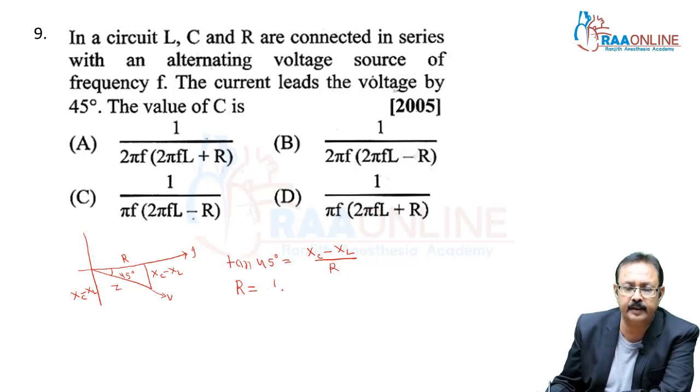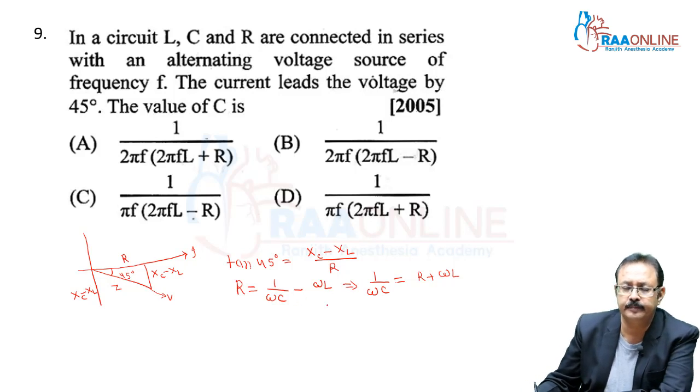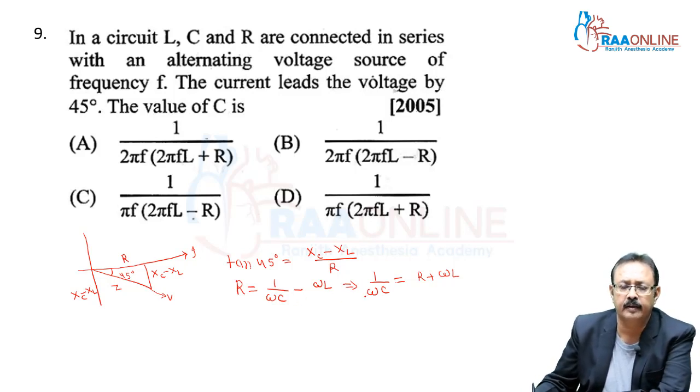What is XC? 1 upon omega C. XL is omega L. It means 1 upon omega C is equal to R plus omega L. What is omega? Omega is 2 pi F. Take omega on that side.